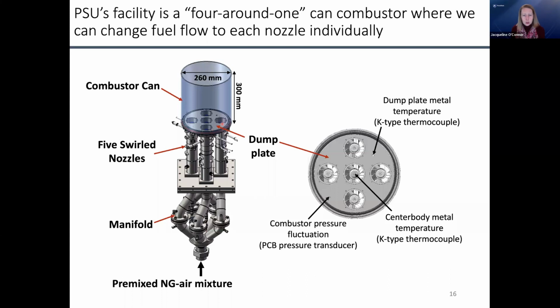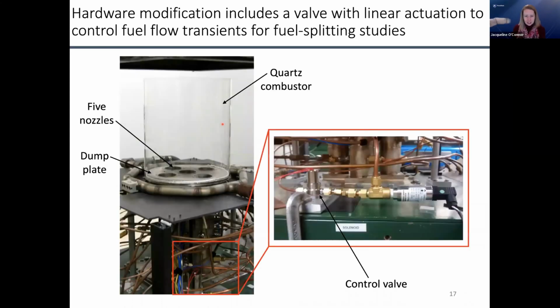This experiment's really cool because it's optically accessible. So this is what it looks like in the laboratory. So these are the 4 nozzles around the center one, and we have this big 10-inch diameter piece of optical grade quartz around it as the combustor liner. So we're capturing a lot of realistic flow features in the combustor by having interacting flames.